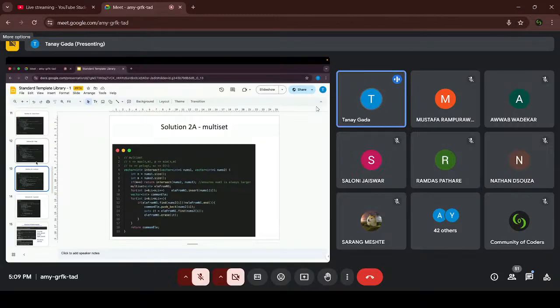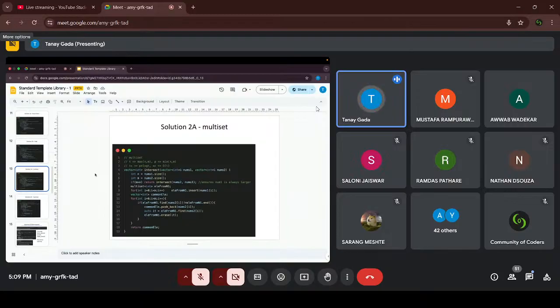What are your thoughts on using a multi-map here? Multi-set, sorry. Why would multiset just complicate things? It's doing the same thing, counting frequency. Yeah, agreed. But my intention was to familiarize you with the implementation of multi-set.